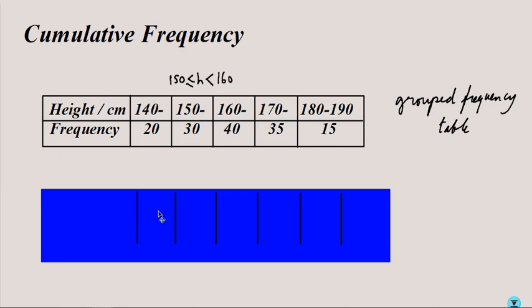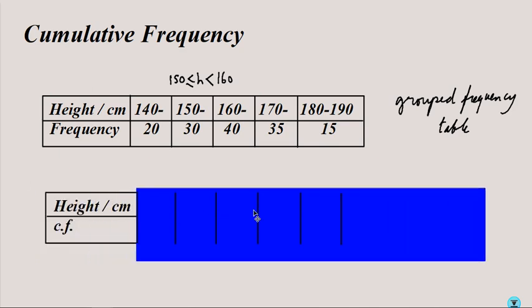First of all, we still have the height in centimeters, and instead of frequency, we have cumulative frequency. We look at the intervals. The shortest person in this club is 140 centimeters, or at least seems to be, and the tallest is 190. Keep in mind that we don't know how those 20 people are distributed in their interval.